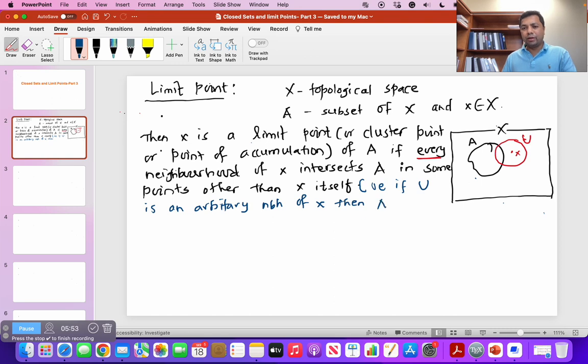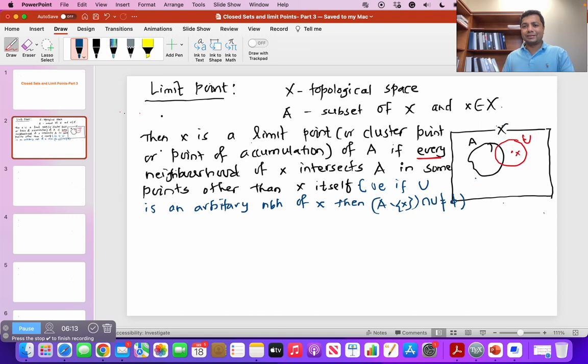That means if we remove x from A, and then take the intersection of this set with U, the intersection must be non-empty. Then the point x is called the limit point.